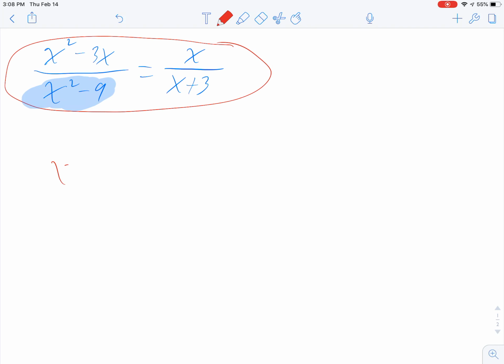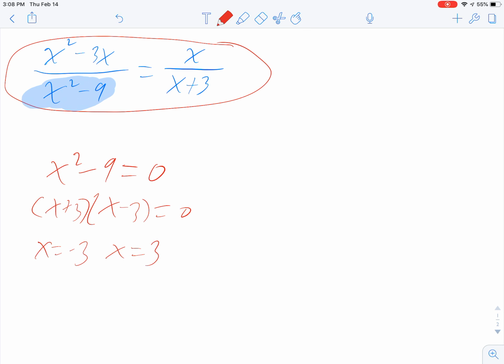Well, we can figure out what would make that denominator be equal to 0 by solving that quadratic. I can solve it by factoring. x plus 3 times x minus 3 equals 0. So negative 3 or positive 3. So either of those x values would cause a problem because they would cause the denominator to be 0.